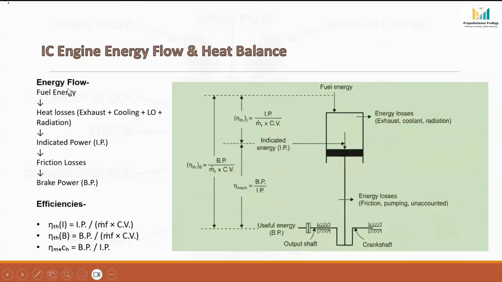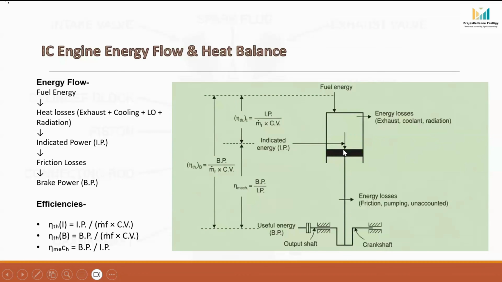Now let's understand the complete energy flow. Fuel energy enters the engine and a large portion is lost as heat through exhaust, cooling, oil and radiation. The remaining energy acts on the piston, and this is called indicated power, IP, the power developed inside the cylinder.